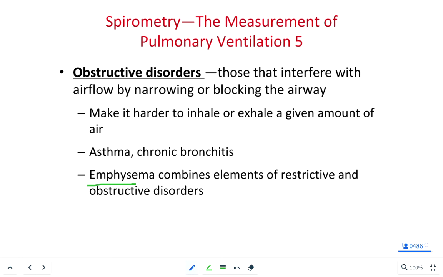And that gets very tiring very quickly. And these individuals that have emphysema also have some fluid buildup in their lungs as well as some mucus buildup that acts as an obstruction. So depending on your frame of reference, emphysema could be either obstructive or restrictive.